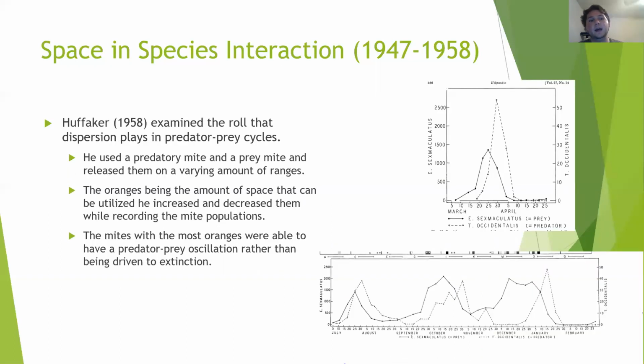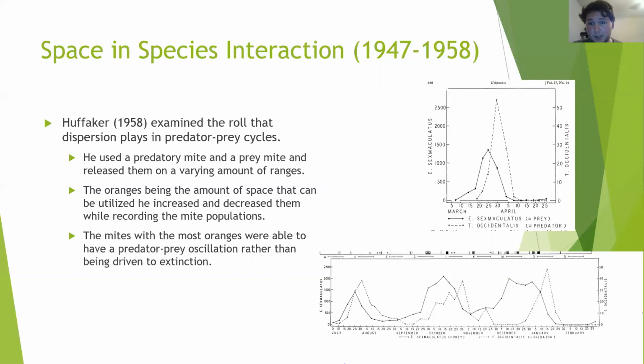And then Huffaker in 1958 examines the role of dispersion in predator-prey cycles, which is super neat. He used predatory and prey mites and had oranges be the amount of space they could occupy.